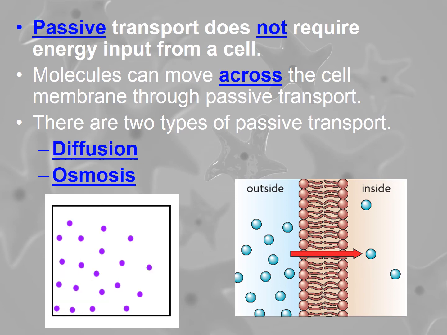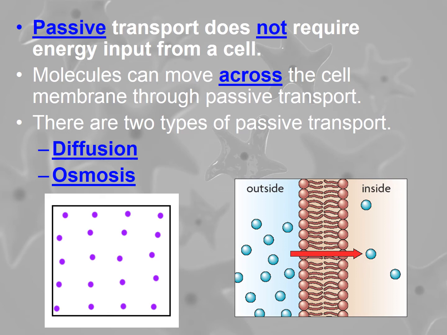One of the ways that molecules move is called passive transport. Passive means you're not doing anything. It means you're not using energy. Same thing with the cell. Passive transport does not require energy for the cell at all. Molecules can move across the cell membrane through passive transport, and there are two types that we'll talk about: diffusion and osmosis.